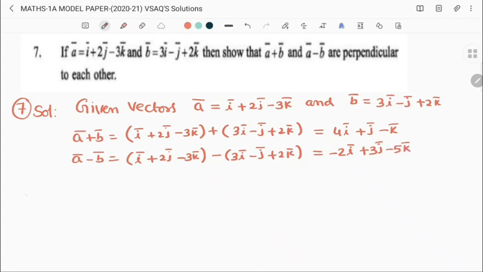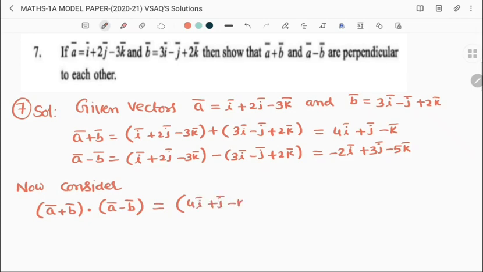So therefore, now consider a bar plus b bar dot a bar minus b bar equal to. So a bar plus b bar is 4i plus j minus k, dot minus 2i plus 3j minus 5k.